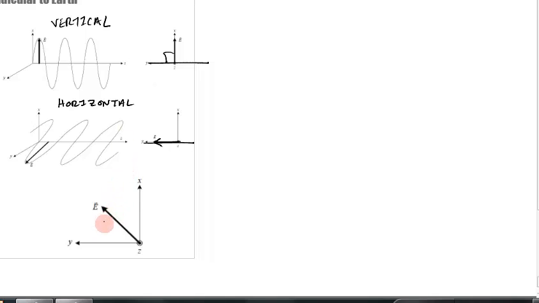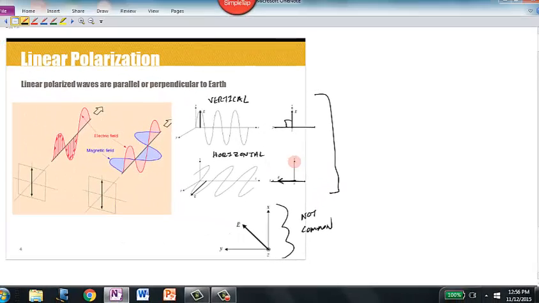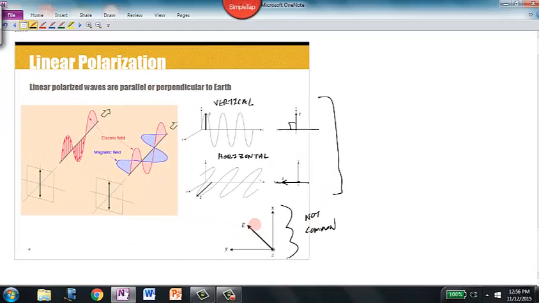Other types of linear polarization do exist. Here, if the YZ plane is the surface of the Earth, we have a 45-degree linearly polarized E field. This is just not particularly common. It's possible, but not common. In this class, we will deal with vertical and horizontal polarization, not any form of angular linear polarization.